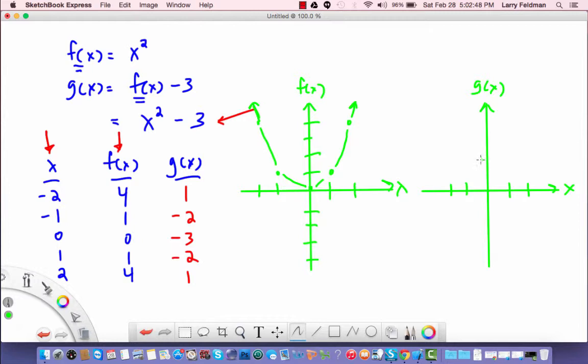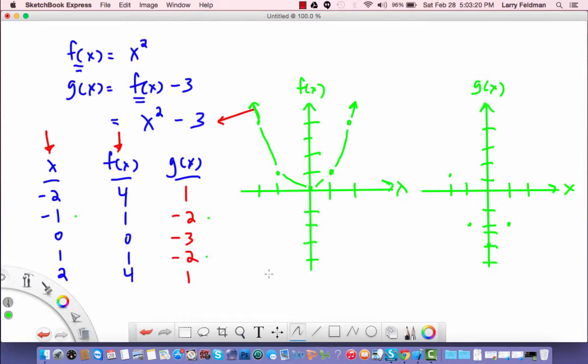And g of x looks like this. We have negative 2, 1, negative 1, negative 2, 0, negative 3, 1, negative 2. This one's a little bit off.